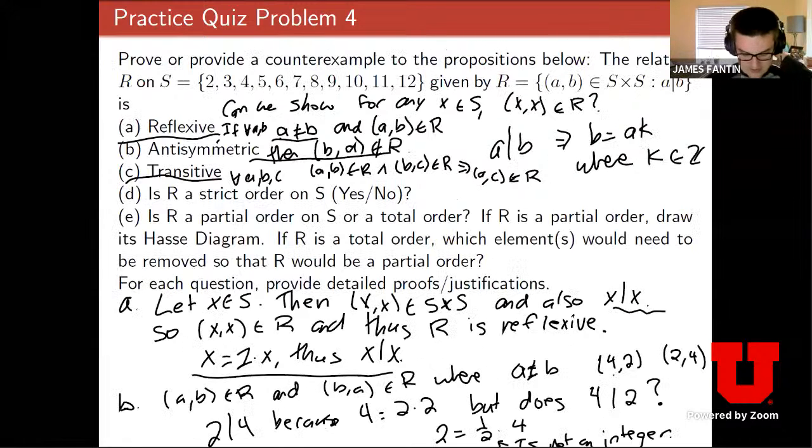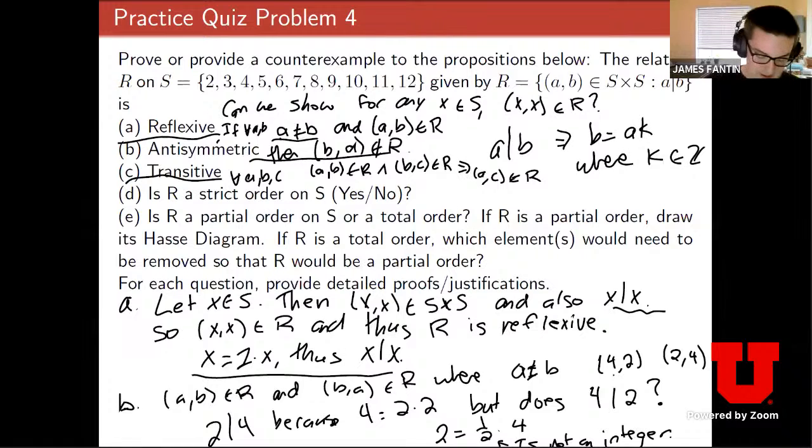Awesome. Okay, so we've done the first three parts. We've proved it's reflexive, antisymmetric, and transitive. So now we need to think, is R a strict order on S? Does anybody remember what it meant for something to be a strict ordering? It's antisymmetric, transitive, and irreflexive.